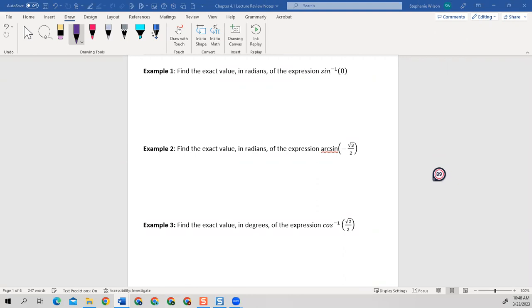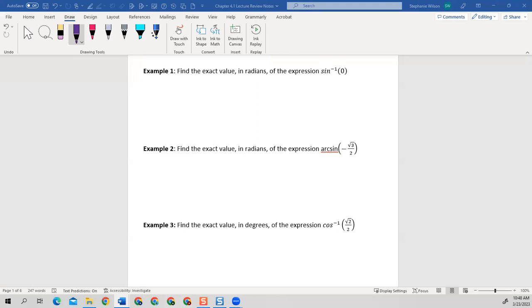So now let's start on example 1. Example 1 says find the exact value in radians. So you want your calculator in radian mode and find the expression sine inverse of 0.